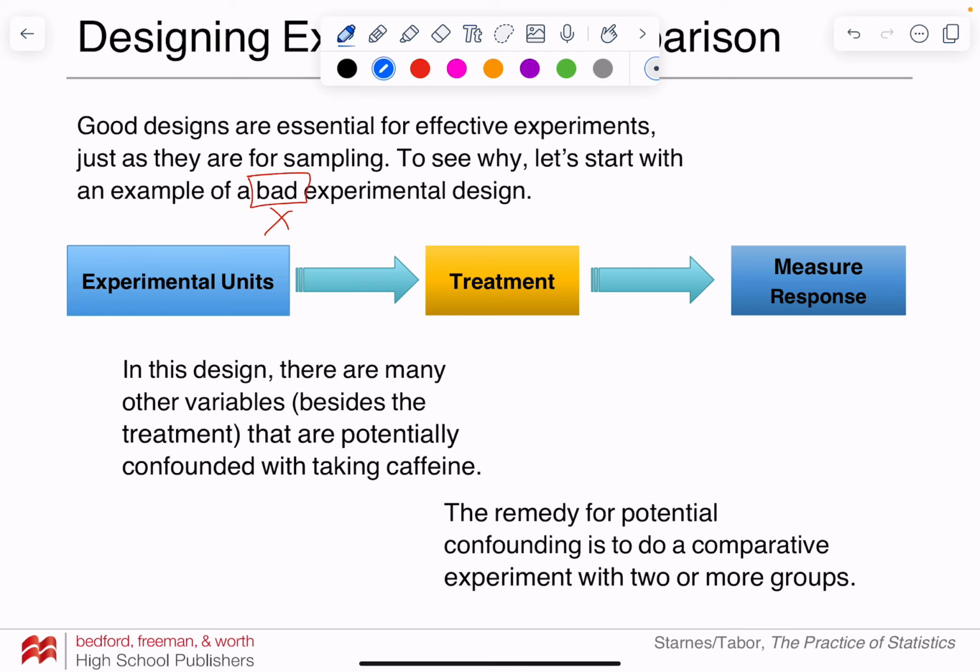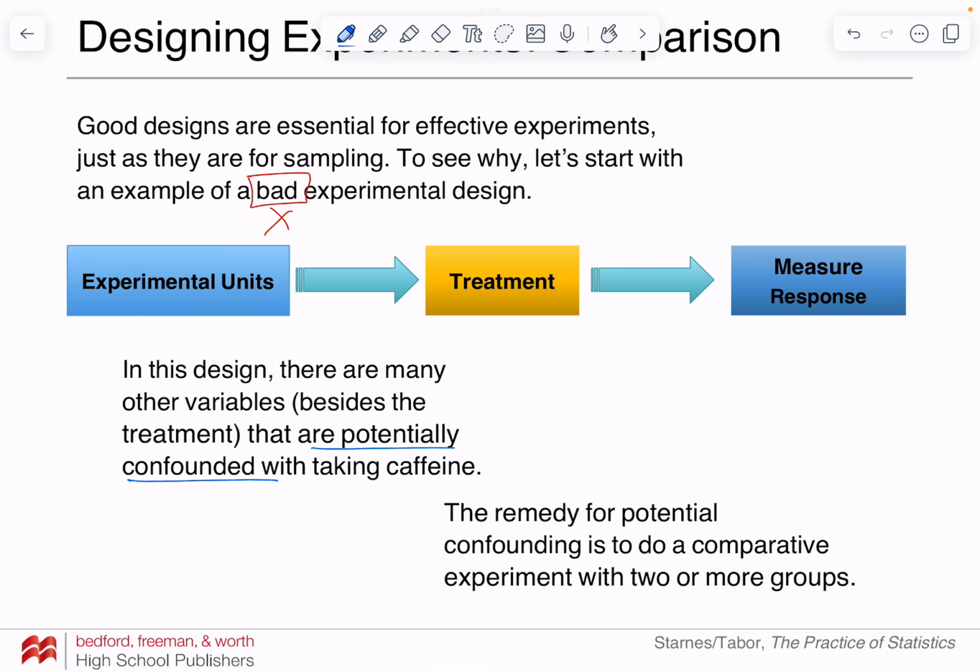Okay, there's potentially confounding variables. And how we fix it, we do a comparative experiment with 2 or more groups. If you want, you can say like example, a control group.